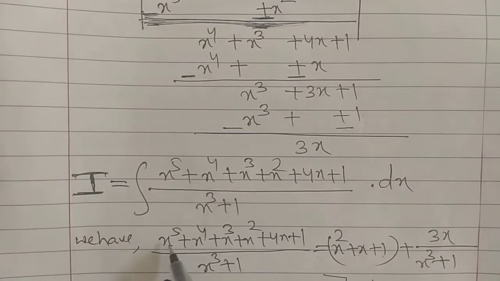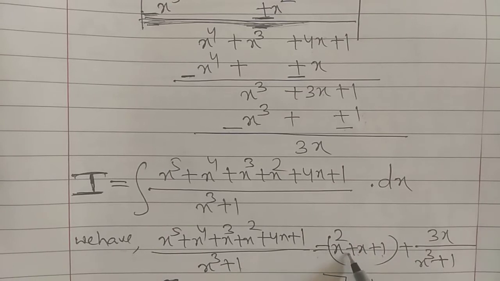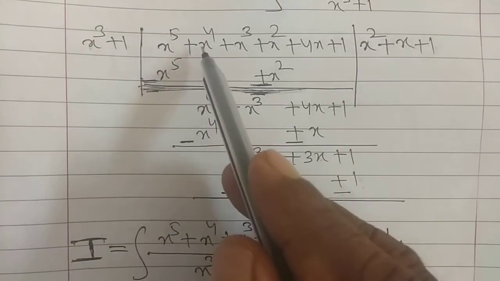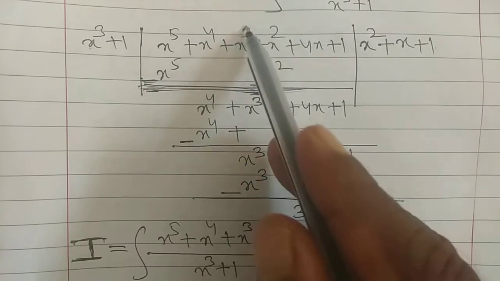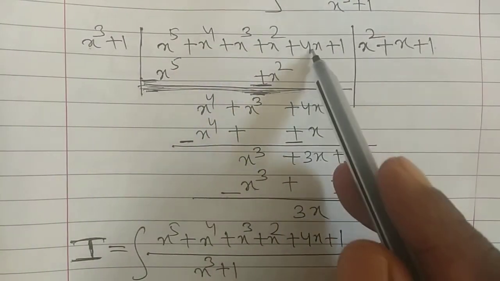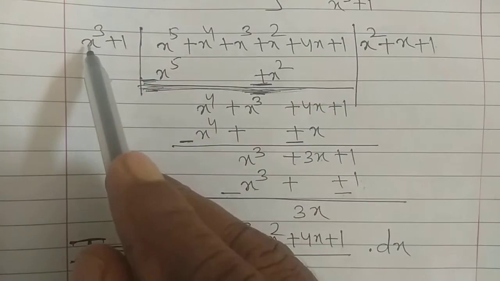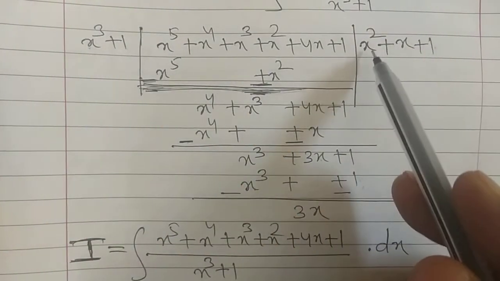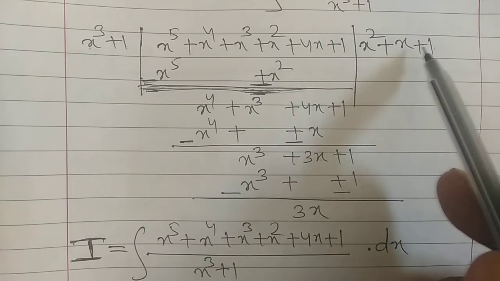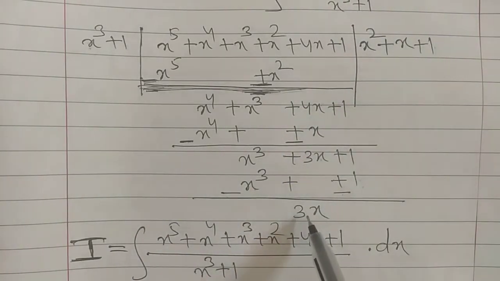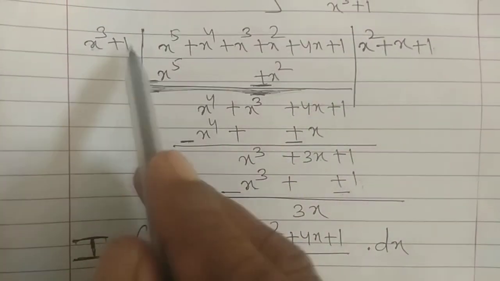So we have (x^5 + x^4 + x^3 + x^2 + 4x + 1) by (x^3 + 1) is equal to x^2 + x + 1 + 3x by (x^3 + 1).